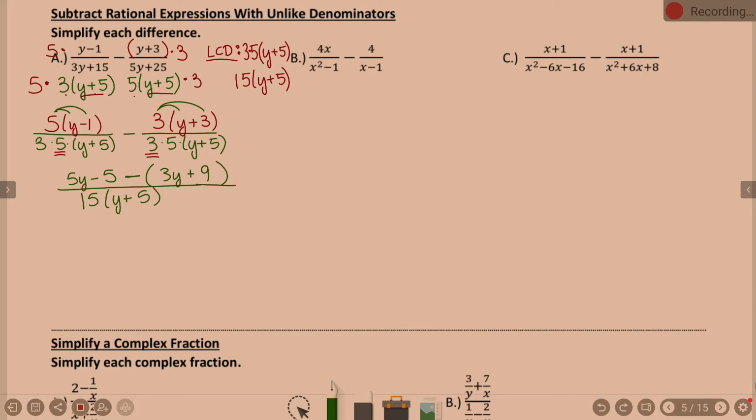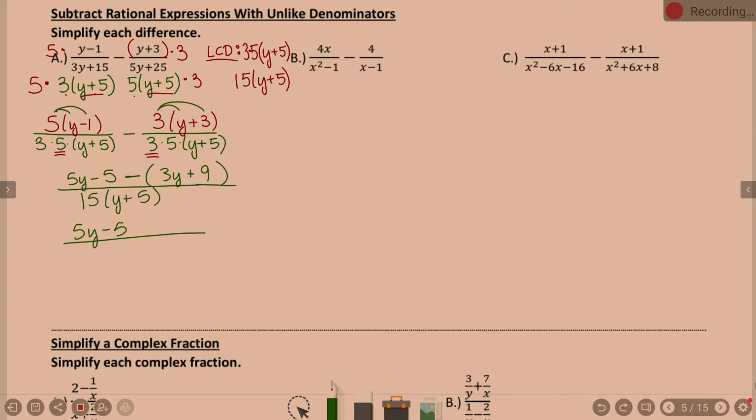Now, a different way to think about that, you could have also thought of that 3 right here as a negative 3 and just distributed a negative 3. If you like that better, that's fine as well. I've been struggling with what's the best way to teach this today. So, one way or another, on top I have 5y minus 5.